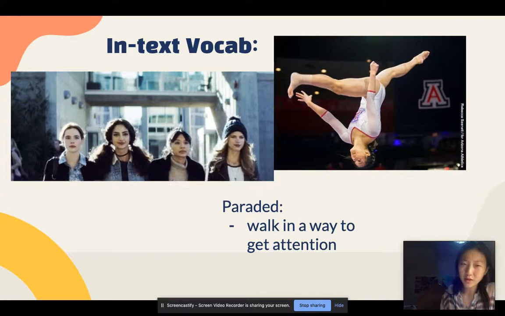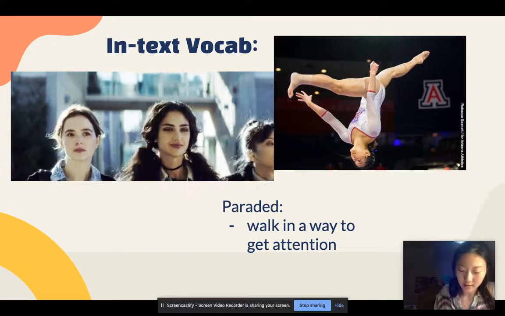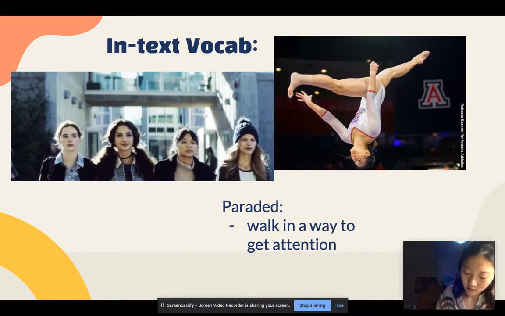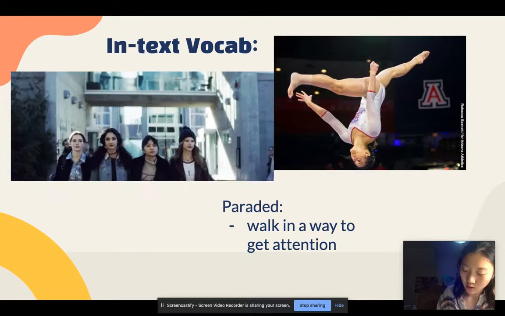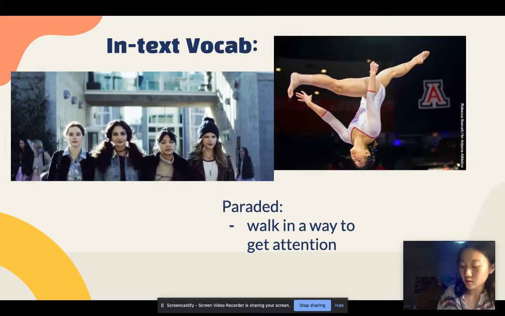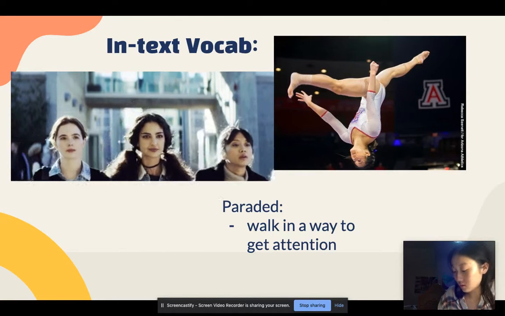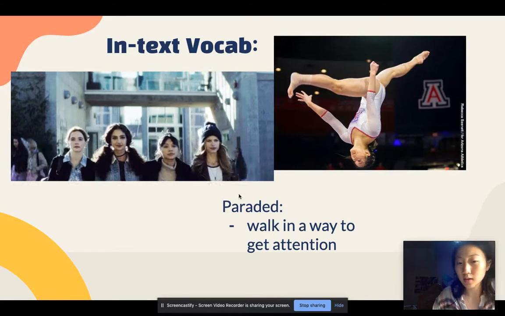Okay, paraded. Paraded is a verb. It's a verb in past tense. And paraded means to walk in a way to get attention. So we're going to write walking in a way to get attention. And if you use context clues for this word, if you didn't know what this word is, it's like a parade, right?